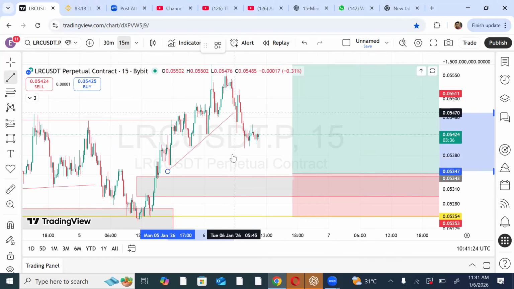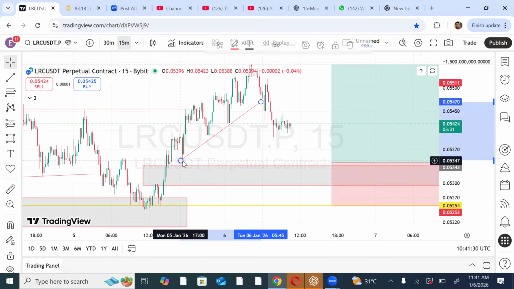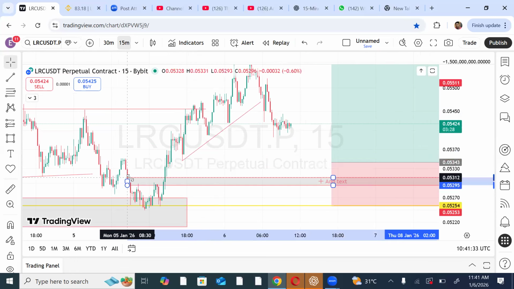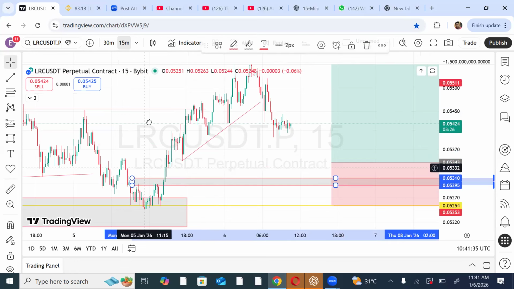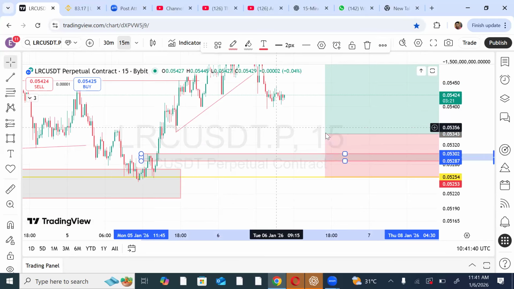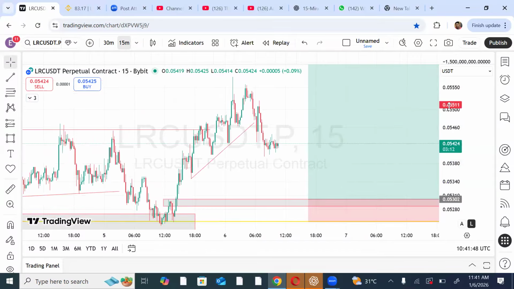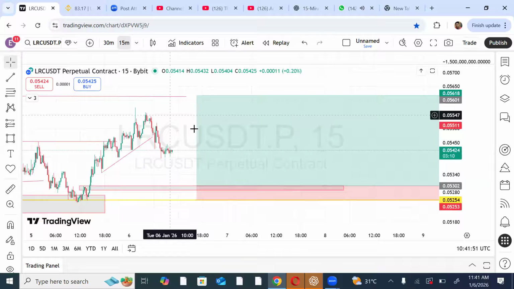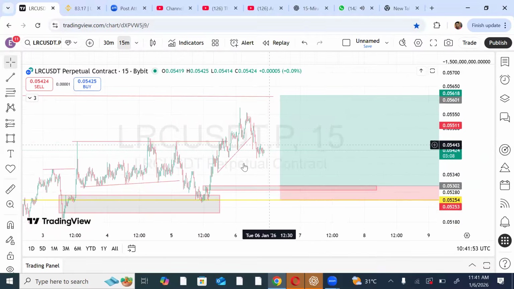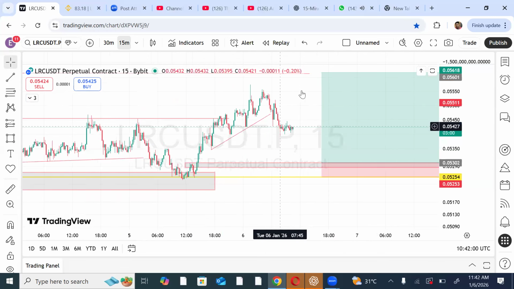So I'm expecting price to come back, sweep all of them, take all of them out, tag me towards a valid POI somewhere around here, and then voila, we are good to go. So this is what I am expecting. 1 to 6 RR. Super interesting, guys. I'm highly expectant of this trade.